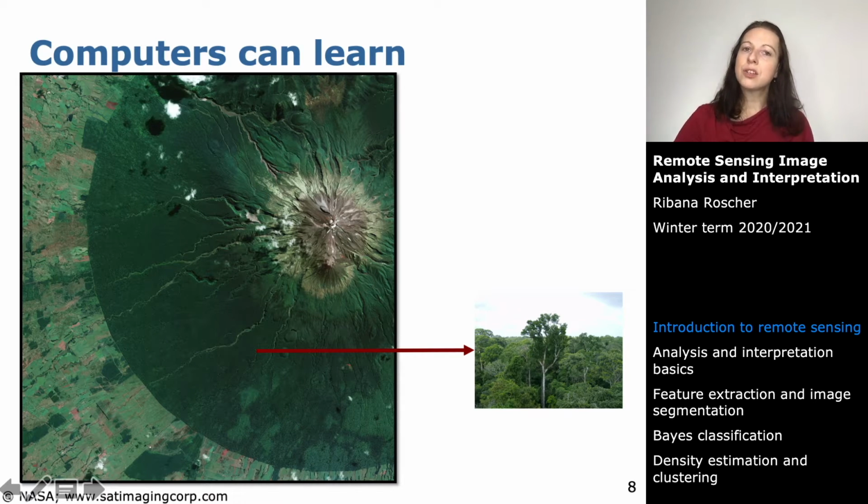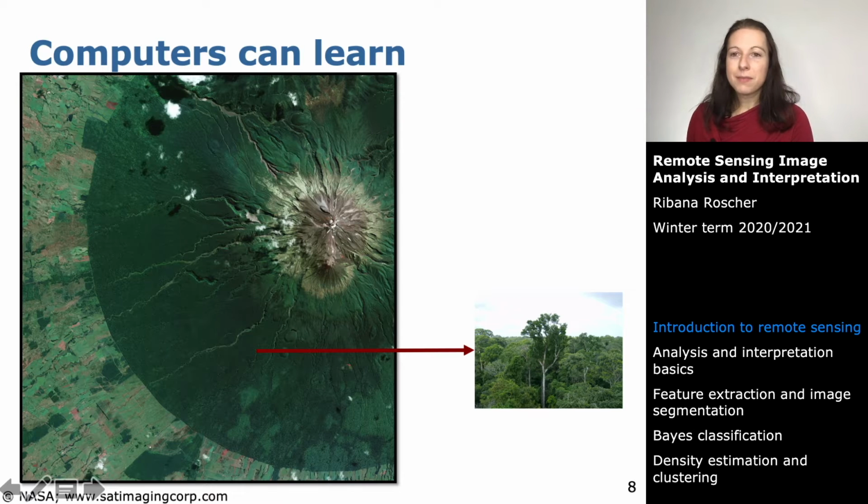But what the computer actually learns and sees are numbers. But for us, they are a reasonable description of what the forest is. And now, when the computer sees a new image, and in the image there's something green and something structured, the computer knows that this is a forest.